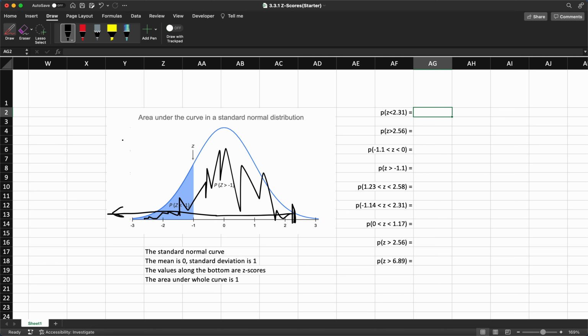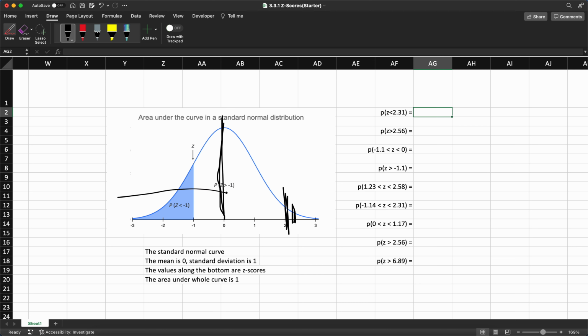So it's always a good idea to think about approximately how much area that should be. Well, we know from the empirical rule that at 2 standard deviations from the mean, this is 50%. So this is 0.5 from negative infinity all the way to the mean to here.